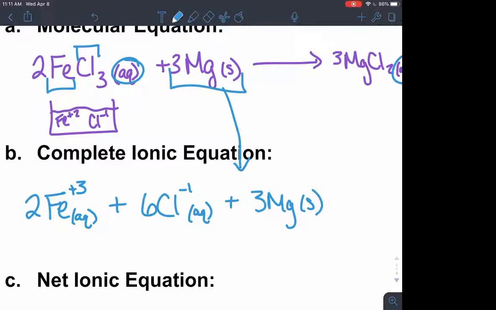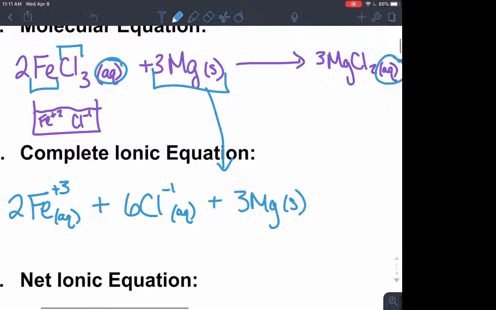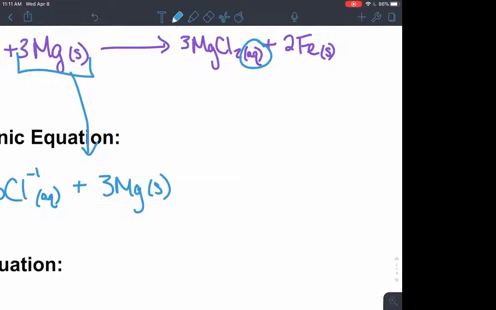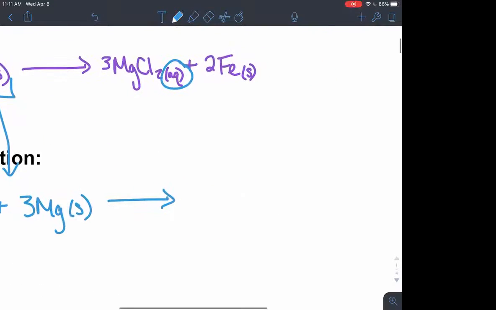Now we're going to do the same thing with our product side. So we're going to draw our arrow. And we're going to break apart our magnesium chloride because it's aqueous. So how many magnesiums do I have? 3. I have 3. And we said the charge on magnesium was a +2. And it was aqueous.